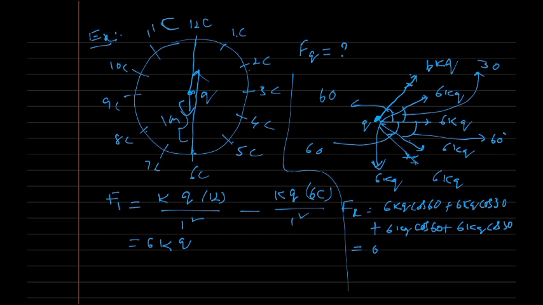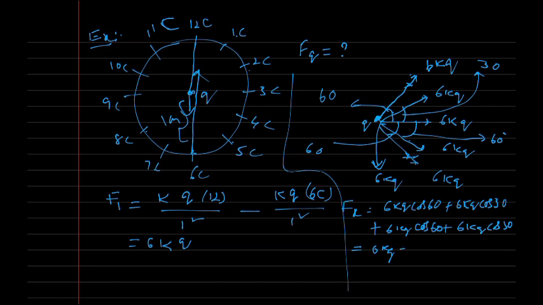So 6kq cos 60 twice is 2 times 6kq cos 60, and this cos 60 is 1 by 2, so 6kq will remain.